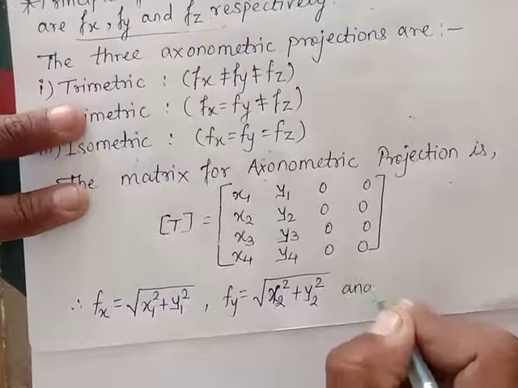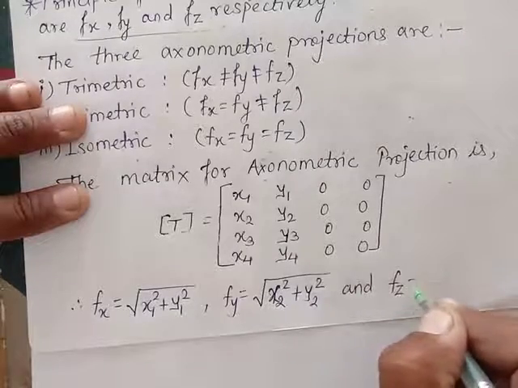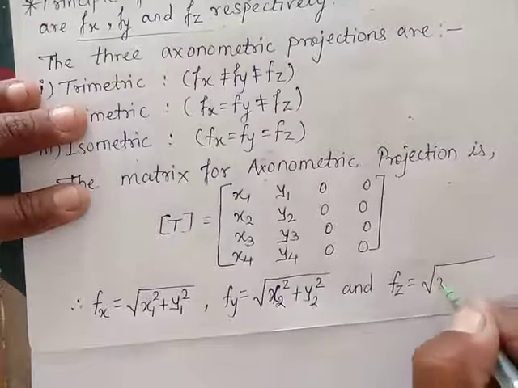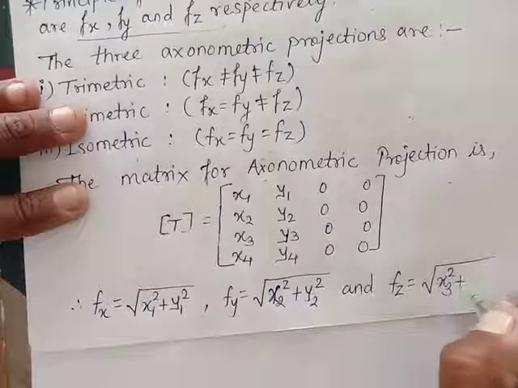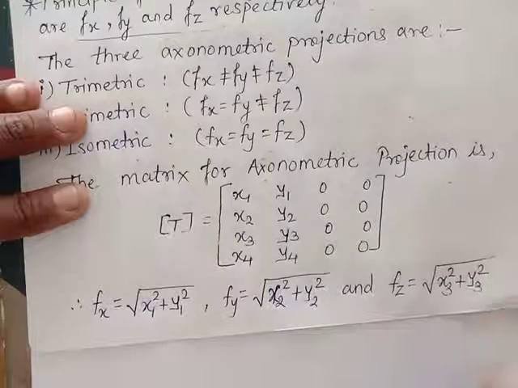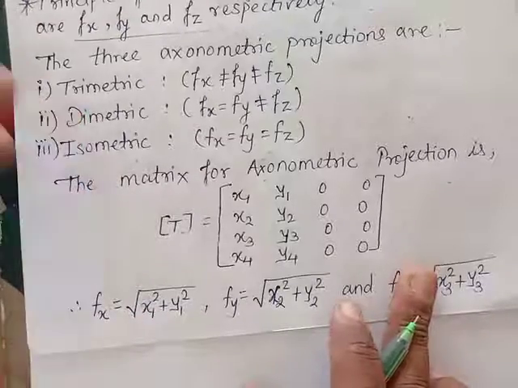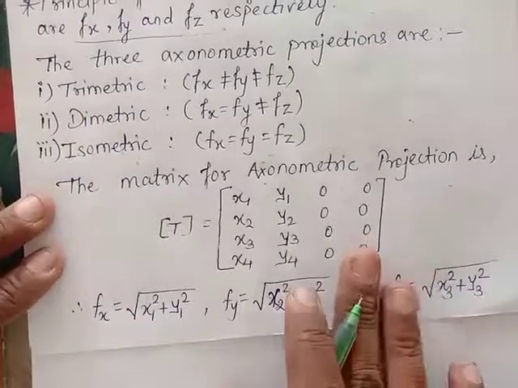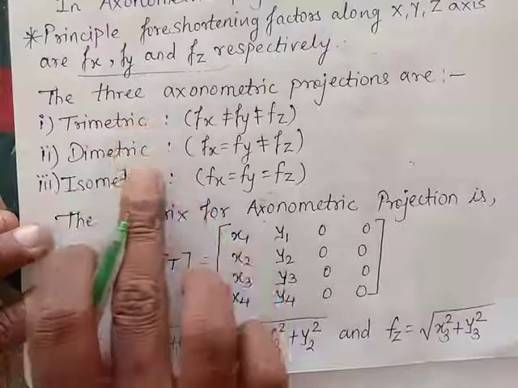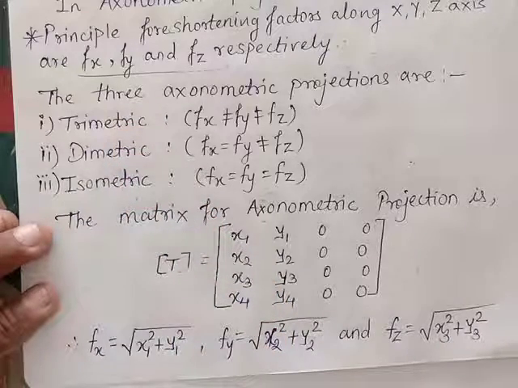And Fz is under root x3 square plus y3 square. These are our foreshortening factors.